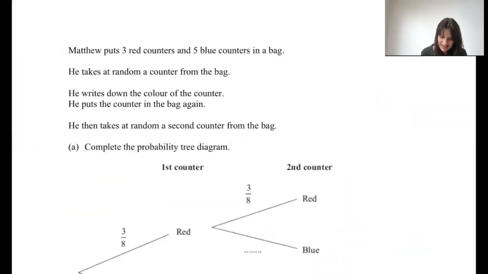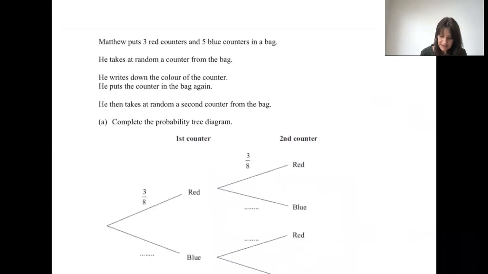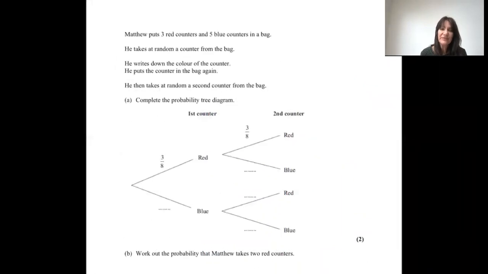Okay, next question. Let's get it so you can see the full question. Hit pause, have a go, and press play when you're ready. So this story is about red and blue counters. Matthew is taking one from the bag and he puts it back, and we can see that it's going back by this part here.